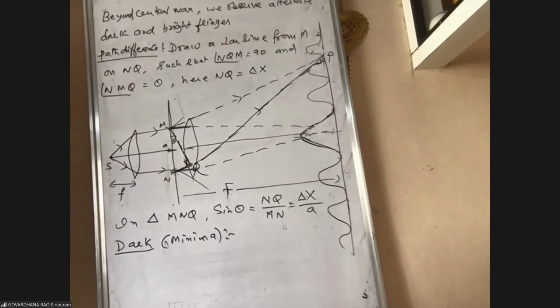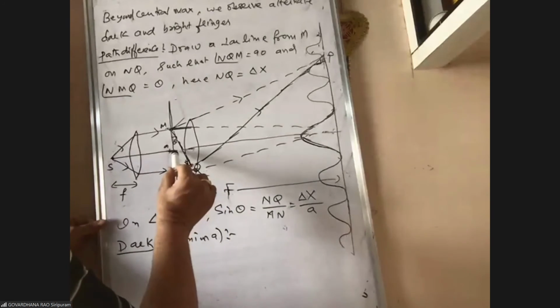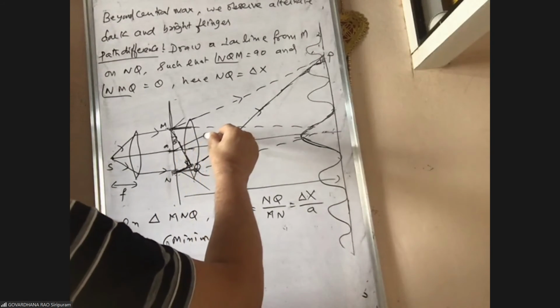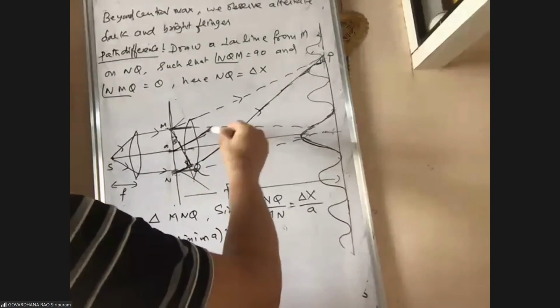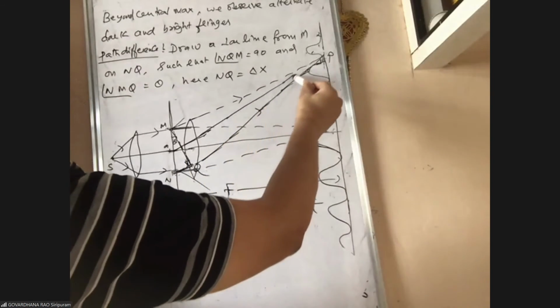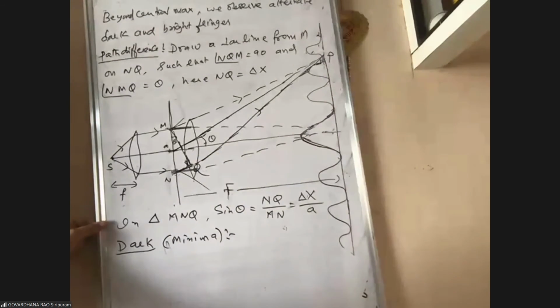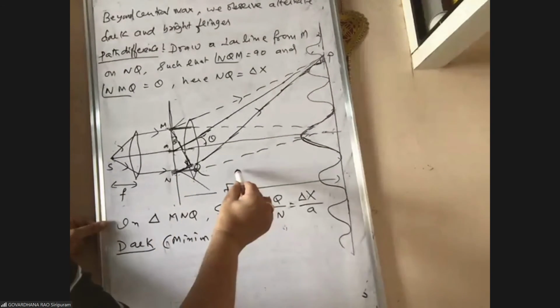Now tell me. You can draw one more line from the center to the point P, which makes the same angle theta.